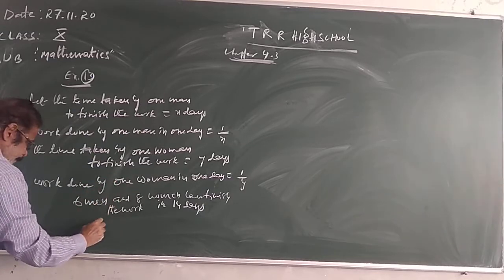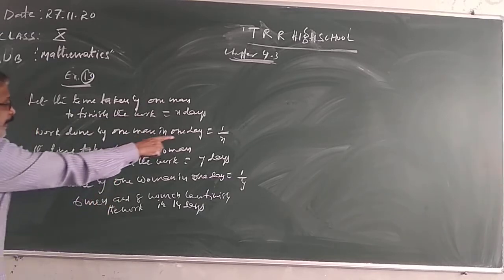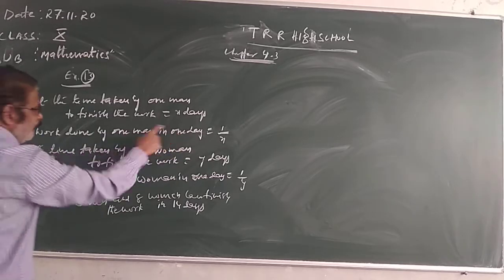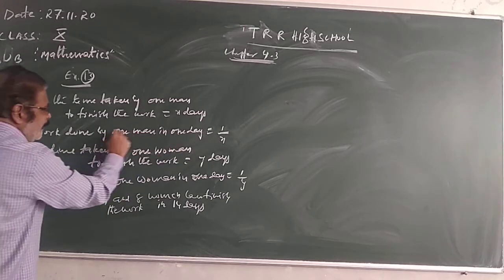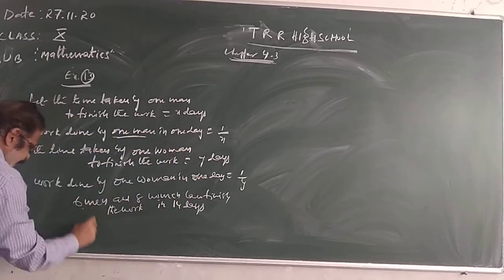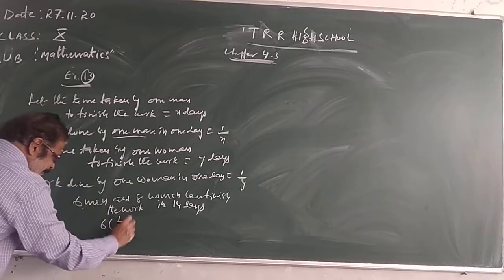The work done by 1 man in one day is 1 by x. 6 men is 6 into 1 by x.